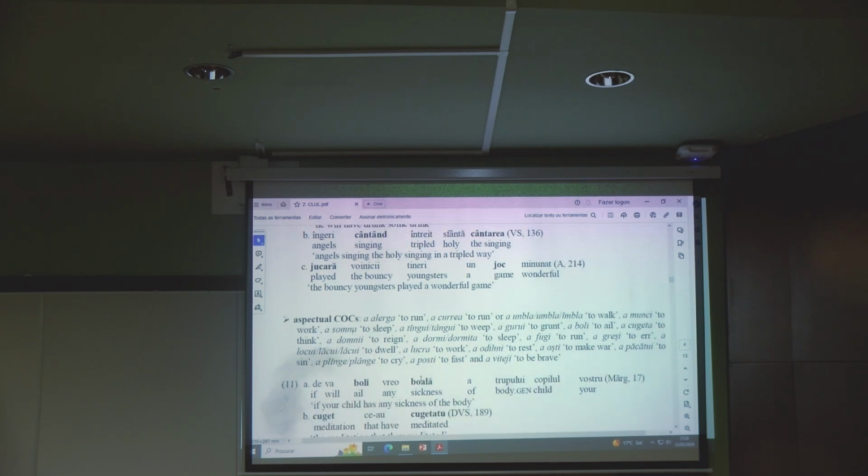And what is interesting is, again, that we have, I would say, a wide variety of aspectual COCs as well, built on prototypical anergative verbs such as a alerga, to run, a umbla, to walk, a munci, to work, a somna, to sleep, a tângui, to weep, a boli, to aim, a cugeta, to think, a dormi, a dormita, again to sleep, a fugi, to run, a greși, to err, a locui, to dwell, a lucra, to work, a odihni, to rest, and so on and so forth.